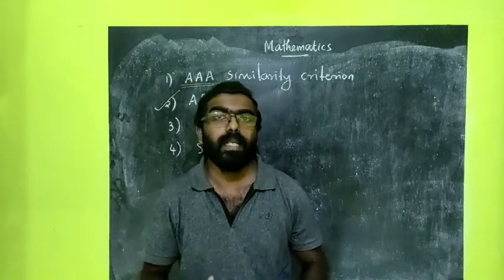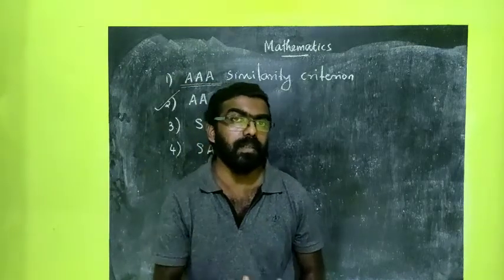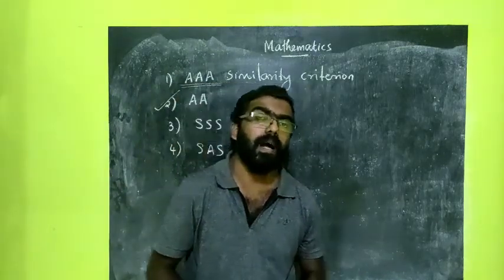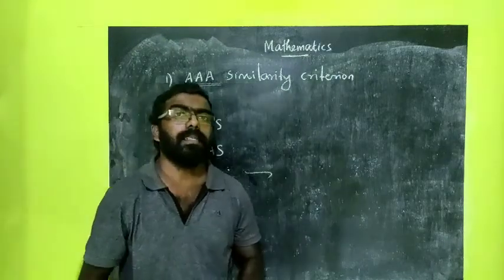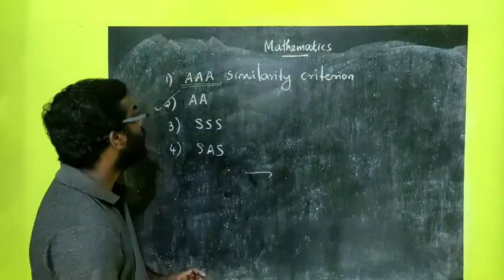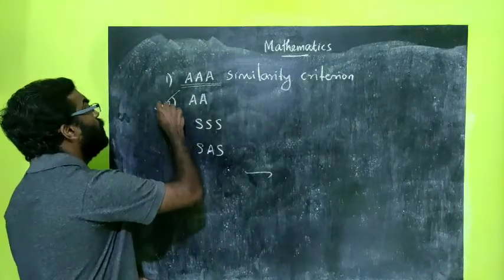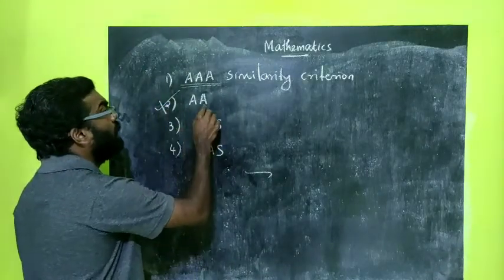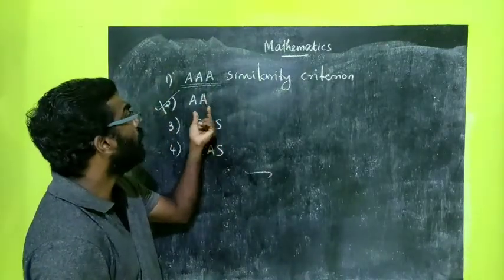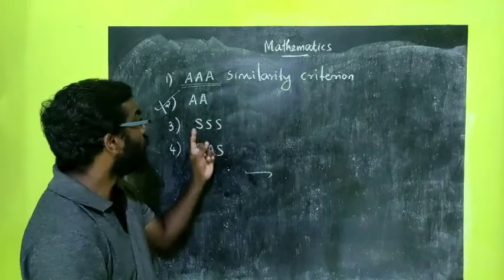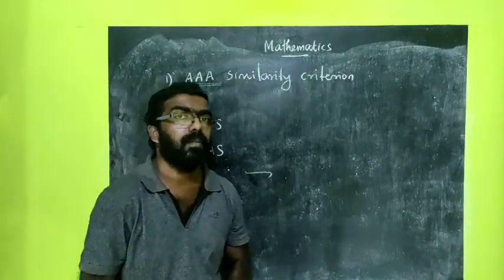Clear? Now there is an exercise related to these theorems, and in this exercise we have to prove some problems using these theorems. Among these criterion, AA similarity criterion is most commonly used because the conditions are less. Here three angles are equal, here only two angles are equal. Here SSS, three sides are proportional.